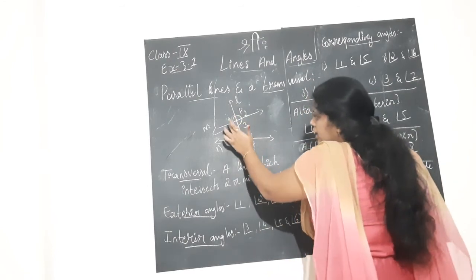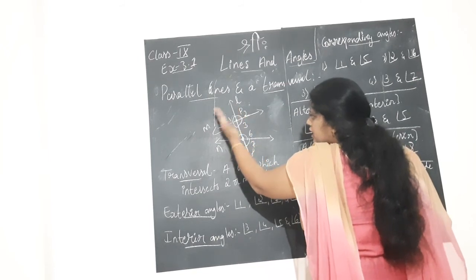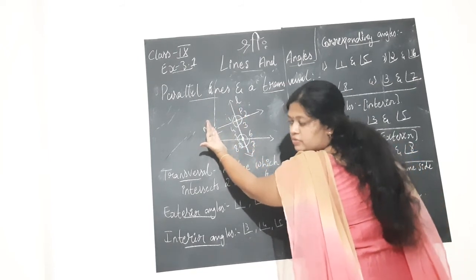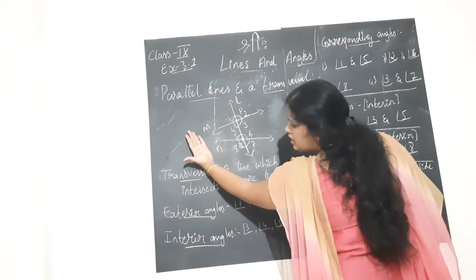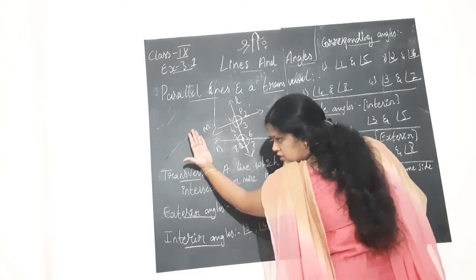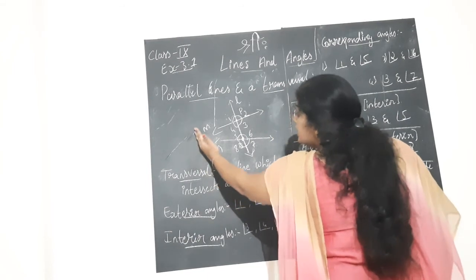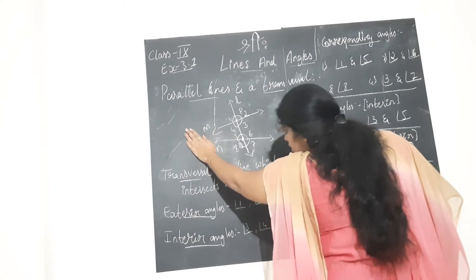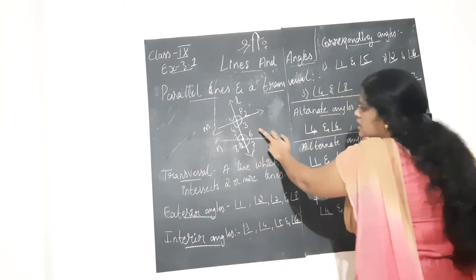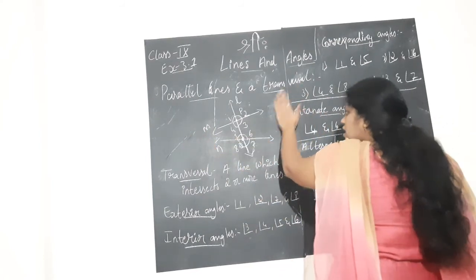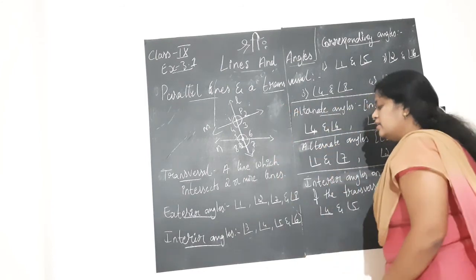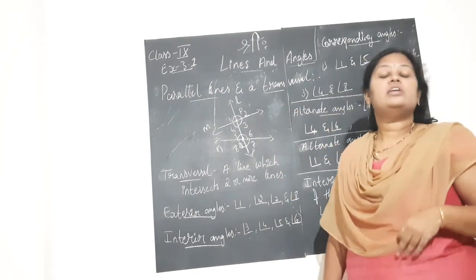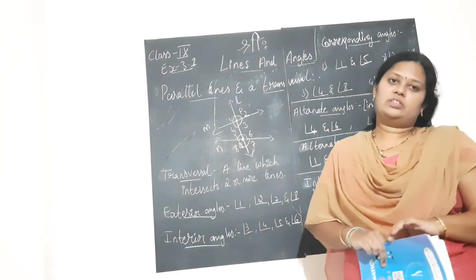These 4 and 5 are the interior angles on the same side of the transversal. They are present on the left hand side of the transversal. Hence it is called interior angles on the same side of the transversal. Similarly, angle 3 and angle 6 are also interior angles on the same side of the transversal.